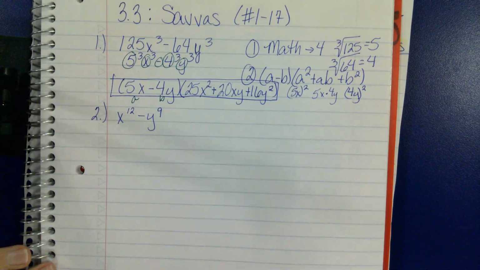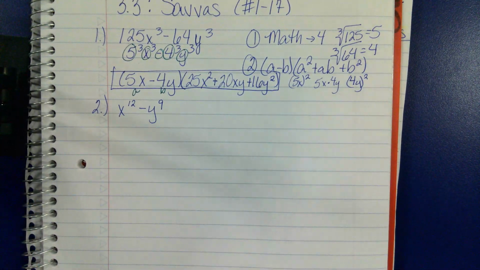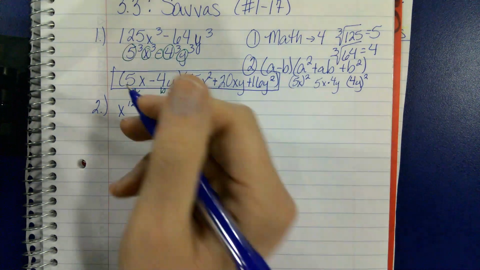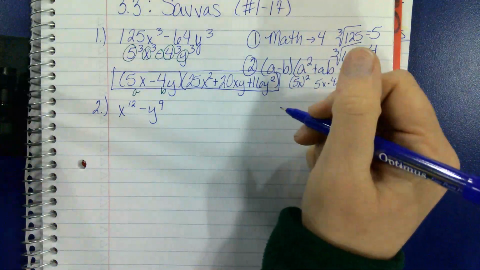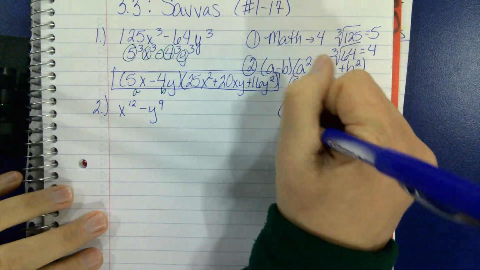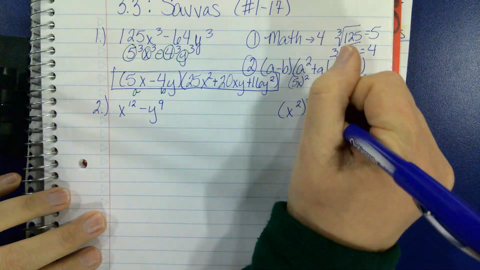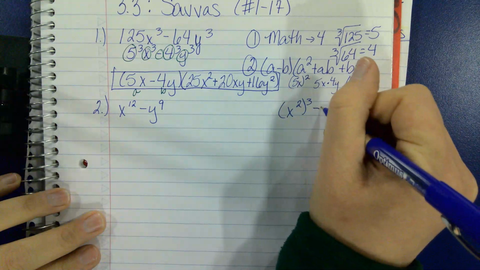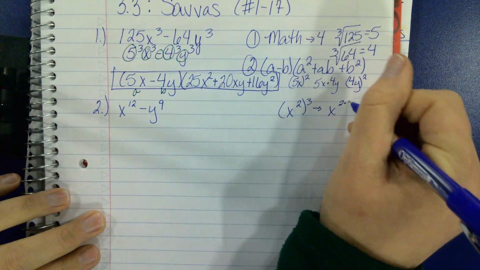On number 2, you'll notice that our exponents are not 3s, so we need that to be 3s. So what I am going to do here is review the power to a power rule. The power to a power rule says if I have a power raised to another power, then you multiply those powers.